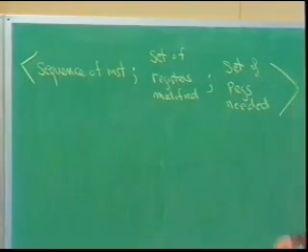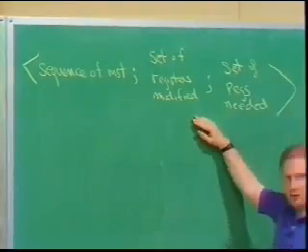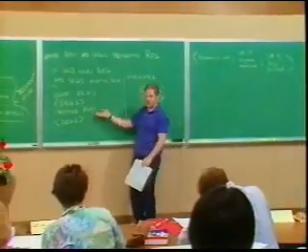So that's the information the compiler has that it draws on in order to be able to do this operation.